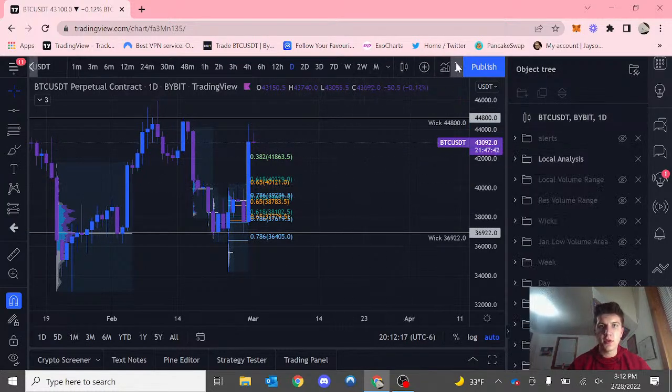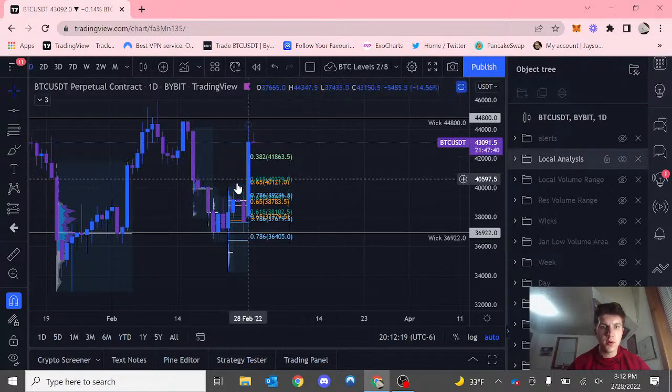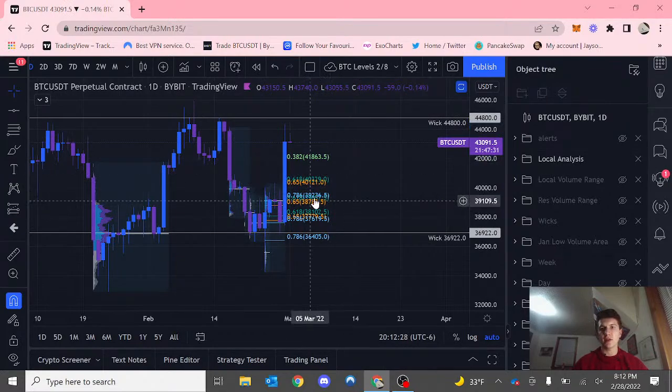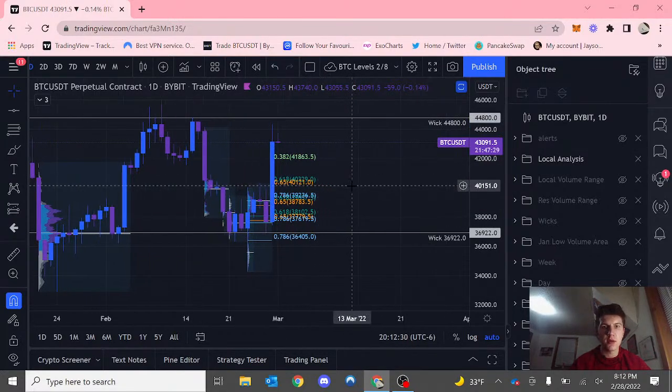I usually delete these as I go, but with this you can move all the Fib retracements. You can just move it up as price keeps on going up. But right now I'm just kind of waiting patiently for a pullback.